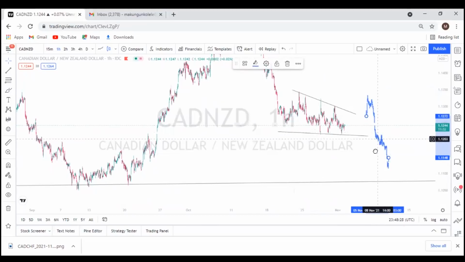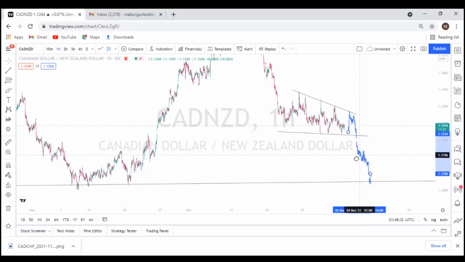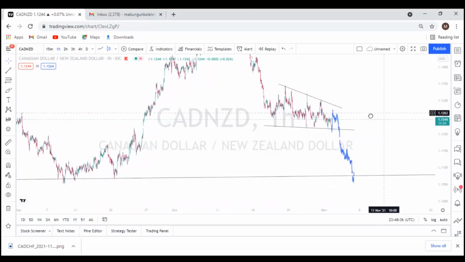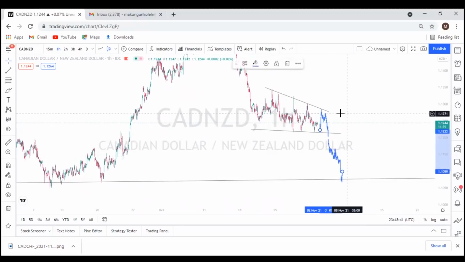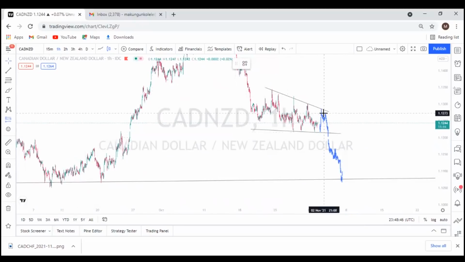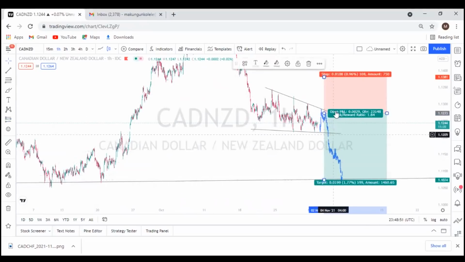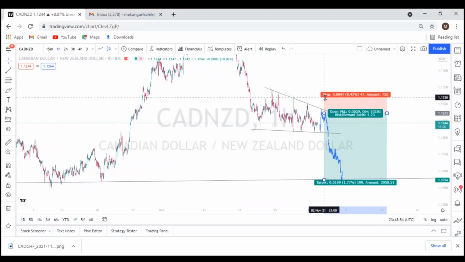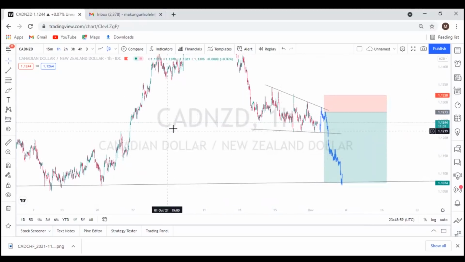Yeah. So we're waiting for a price to buy till our resistance, so we can go short, but only till this zone here, and that will be our trade for Canadian dollar against New Zealand dollar.